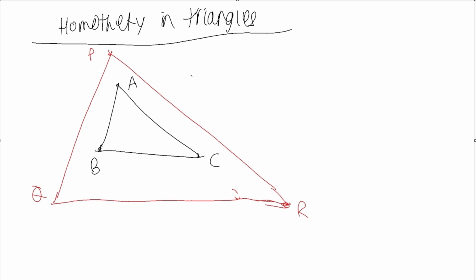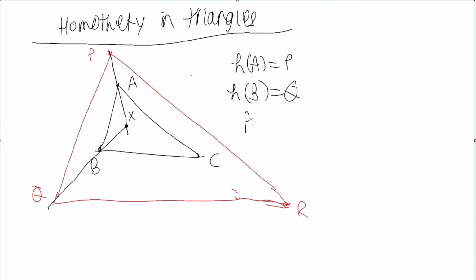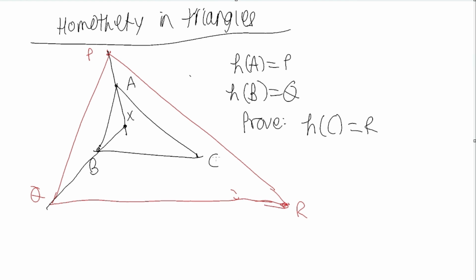So if we can prove that, suppose the lines PA and QB intersect at point X, then we know that there's a homothety centered at X, sending the point A to the point P. So we can say H of A is equal to P, and H of B is equal to Q. And we want to prove that H of C is equal to R. This basically follows from our homothety preserves point relations theorem from earlier.